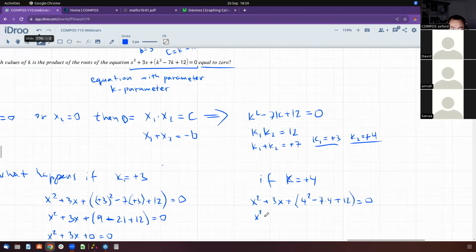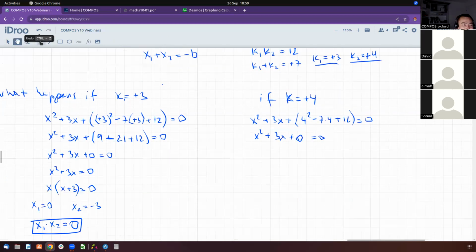So 16 plus 12 is 28, minus 7 times 4, 28, is 0, plus 0 equals 0. And therefore, we have the same solution: x1 equals 0, x2 equals minus 3, and x1 multiplied by x2 is 0.